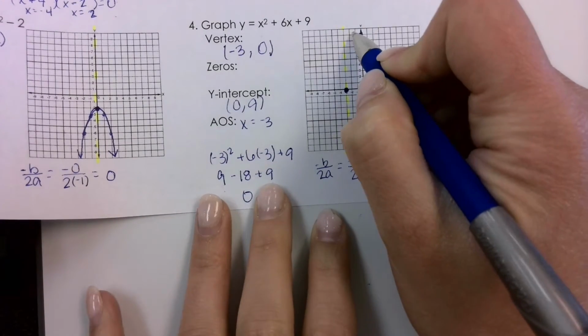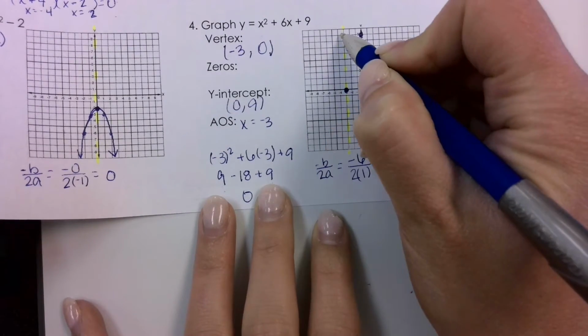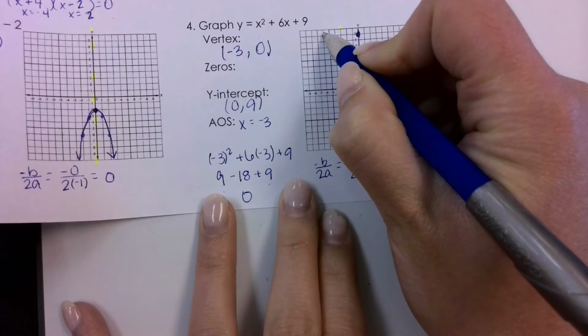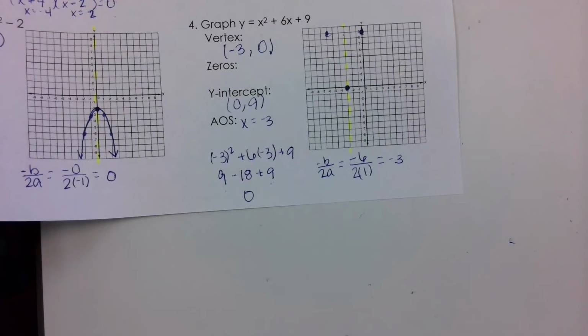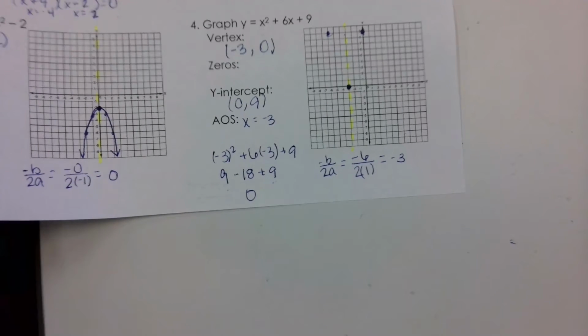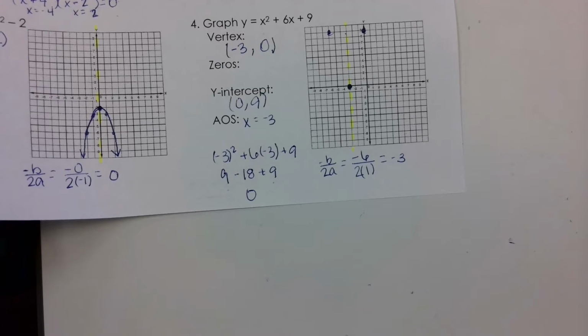We're 1, 2, 3 blocks off, so keep counting. Go 1, 2, 3 more. Does that make sense? Can I get a head nod? Okay. And so we're typing in our new graph: x squared plus 6x plus 9.